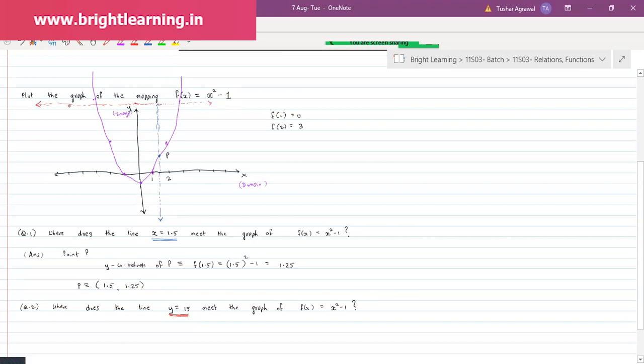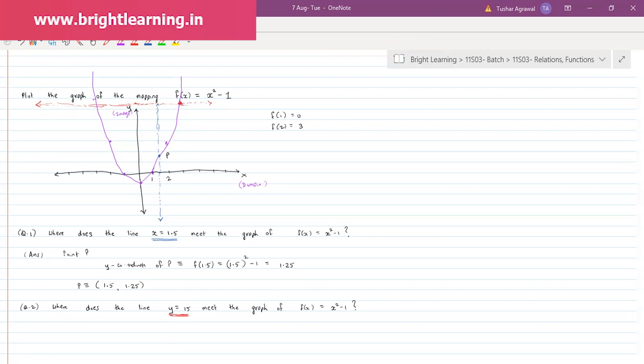If this is my line y equal to 15, the red line, where does it meet the graph? It meets the graph at this point. There are two such points, but forget that, just concentrate on what I'm telling. If I take this point, Pujita, the answer is wrong.